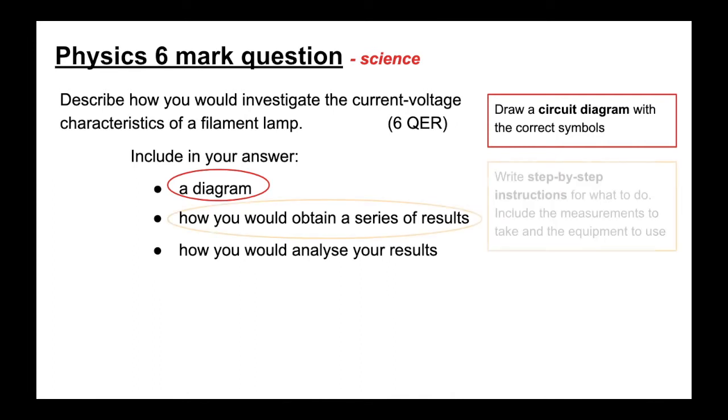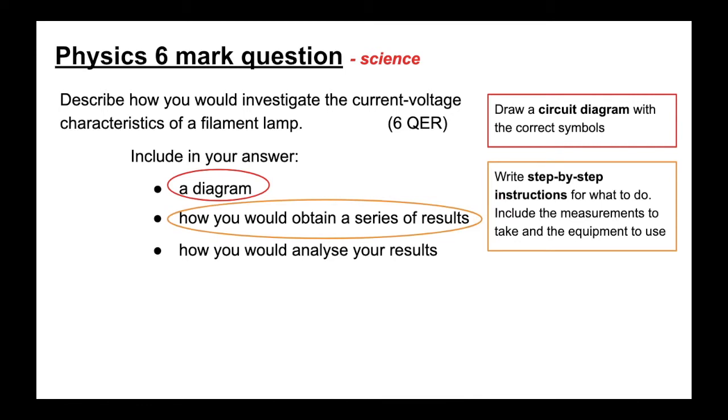And then you go into writing those short sentences to give the step-by-step instructions on how to carry out the experiment. Make sure you include details of what you're measuring and what equipment you're using, because those scientific keywords for the measuring equipment will be important.